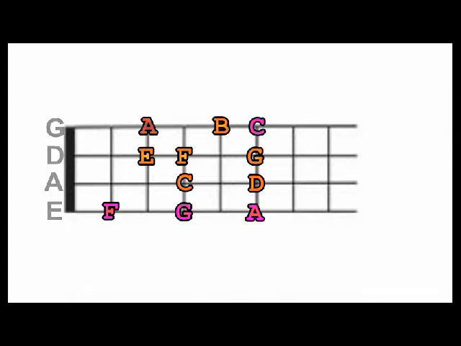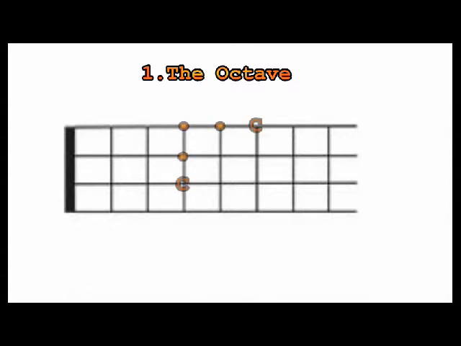On this sketch you can see a few rules. The distance or the interval between the root note C to the next C is called octave. You can find the octave in any key easily with this tip: 2 strings higher and 2 frets higher.